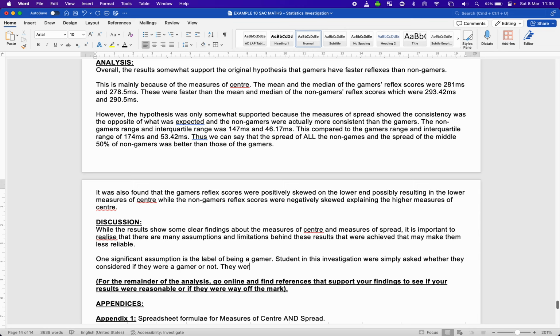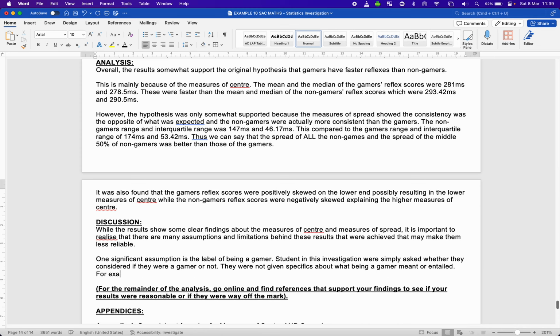They were not given specifics about what being a gamer meant or entailed. For example, playing for a certain number of hours per day or week, or what type of games. No, that's a separate assumption. We're just literally saying what makes a gamer or not.